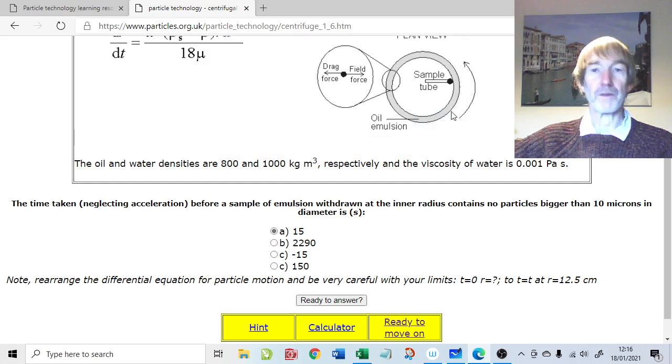So it takes 15 seconds for all drops 10 microns and above in size to move into the sample tube from this emulsion that exists between a radius of 12.5 centimetres and 15 centimetres. After 15 seconds, there's no further oil drops of the size bigger than 10 microns in that rotating channel.